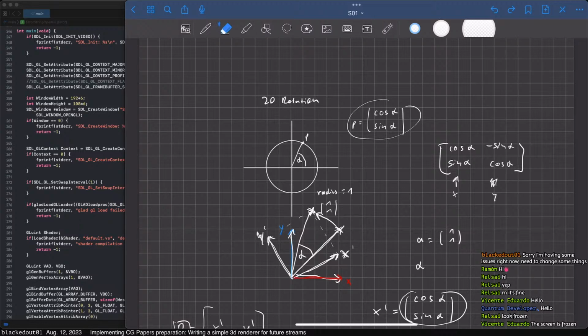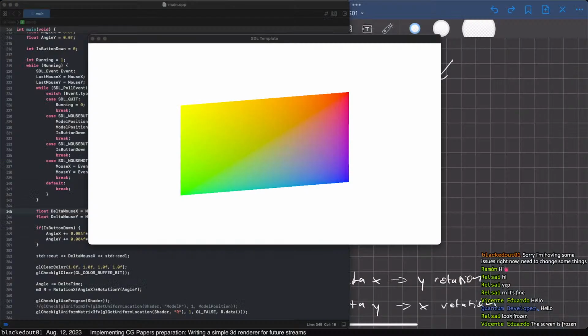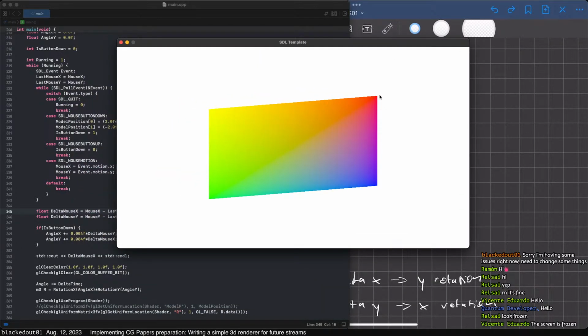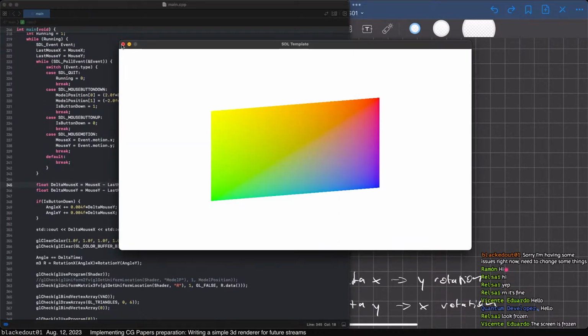I'm not sure what to do about this. I mean, the chat worked, right? Okay, I think now it works. Okay, then maybe I can start over.